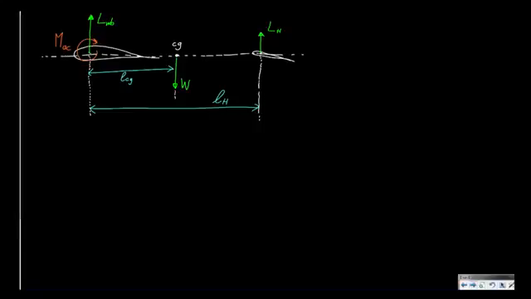So we have this equation, Cm is Cm aerodynamic center plus Cl times LCG over C minus CLH times VH. And then we have to calculate the derivative to alpha, to get dCM d alpha, because that's apparently our parameter which has to be negative for longitudinal static stability.